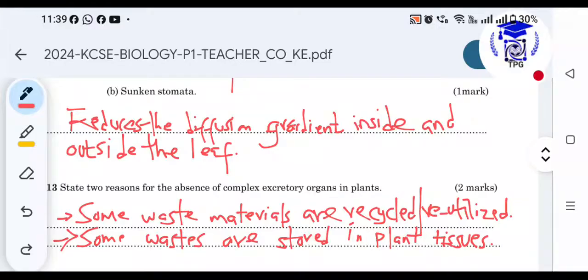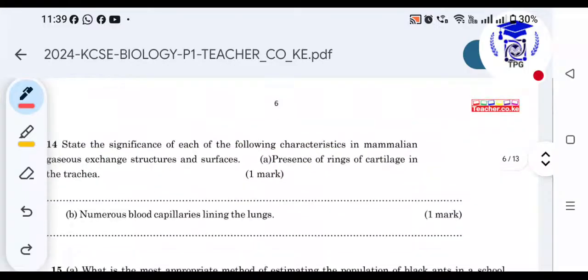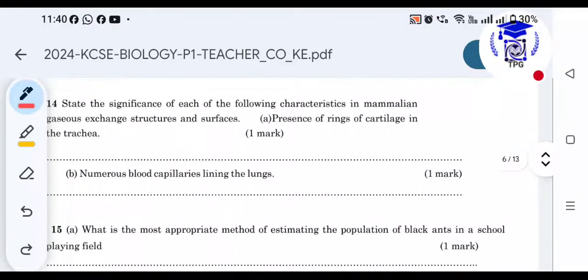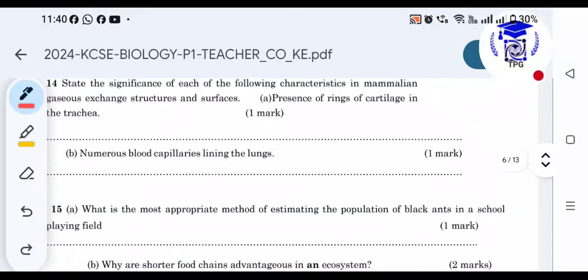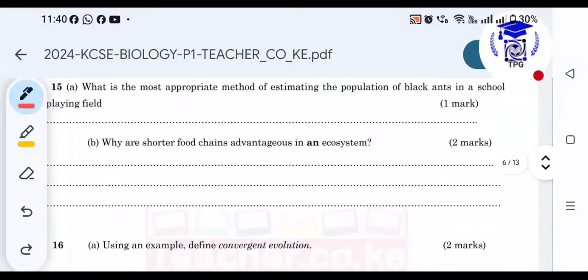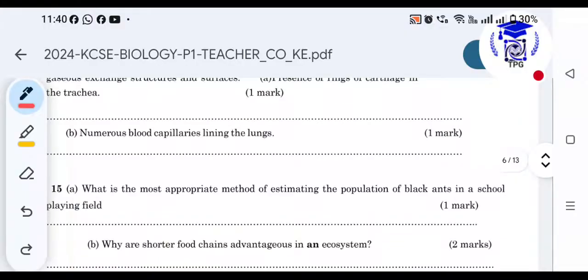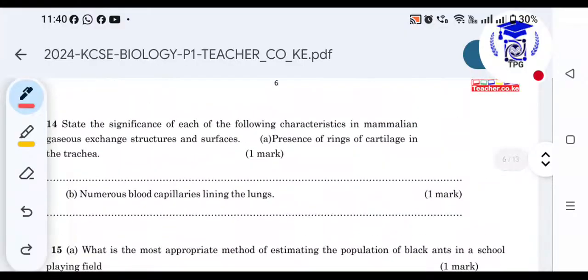Let us proceed to number 14. State the significance of each of the following characteristics in mammalian gaseous exchange structures and surfaces.